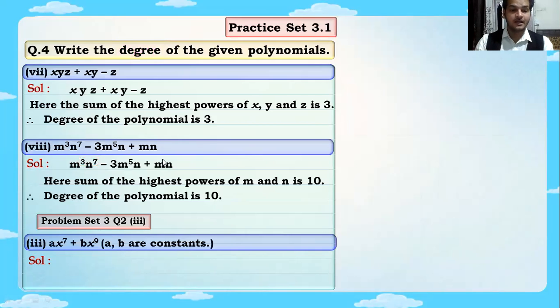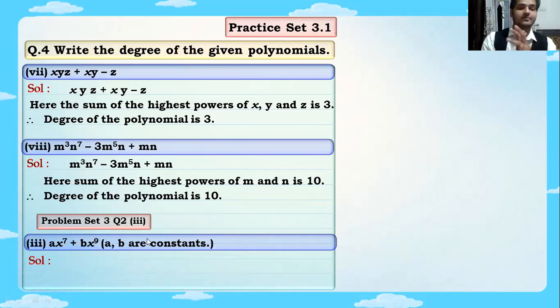Now in the third question, look at it very carefully. What is written in the bracket? Ax raised to 7 plus bx raised to 9, and in the bracket it is written that a and b are constants. What do we mean by the word constant? Constant means a number. तो a और b के प्लेस पे कोई तो नंबर है.